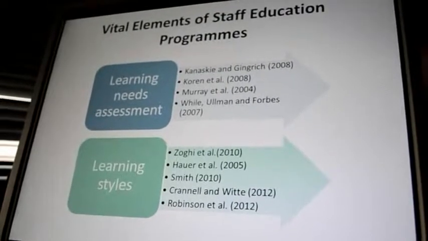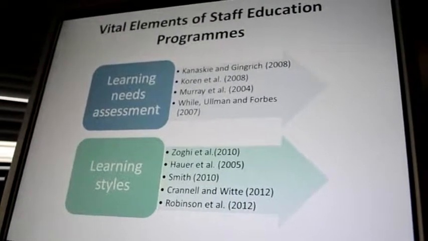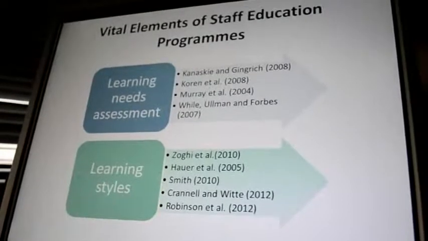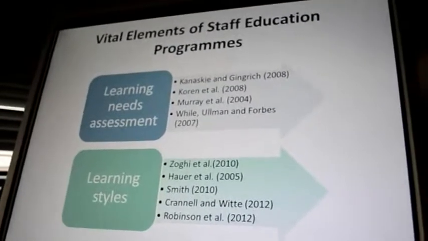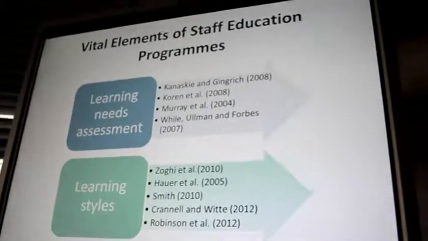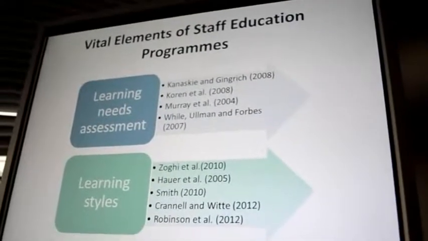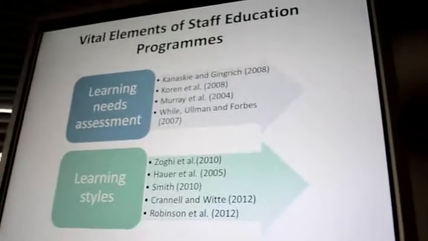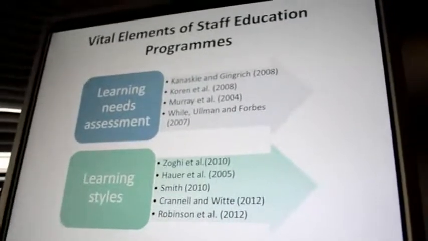Cranell and White, 2012, determined the relationship between perceptual modality learning style preference and the preferred area of clinical practice among registered nurses in an acute care hospital in the US, using a demographic questionnaire and the perceptual modality preference survey.